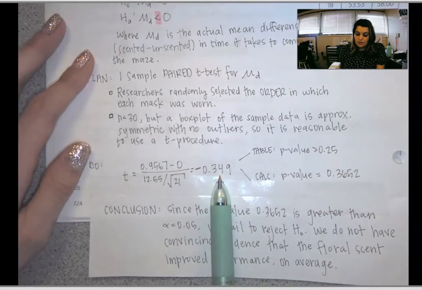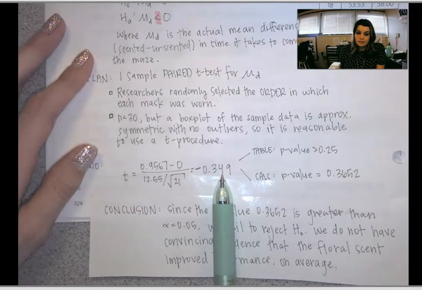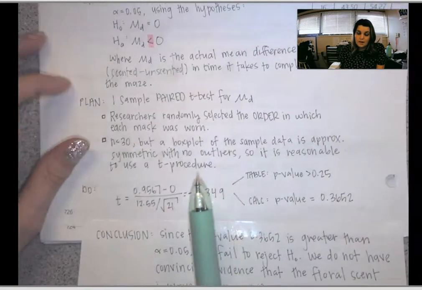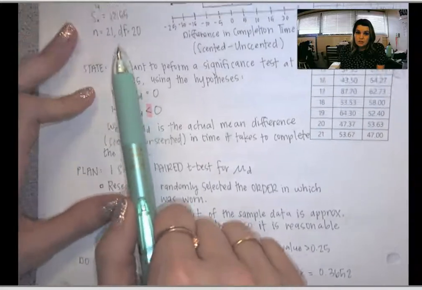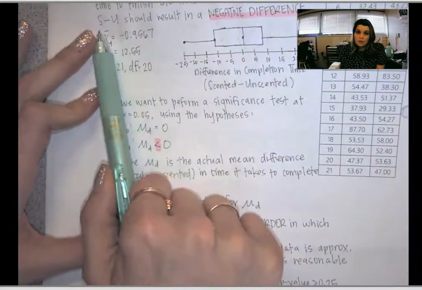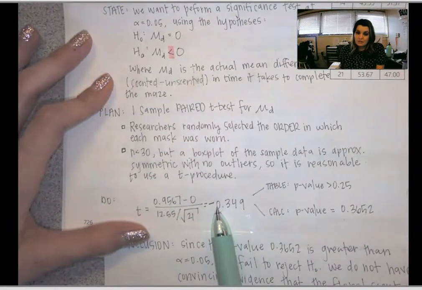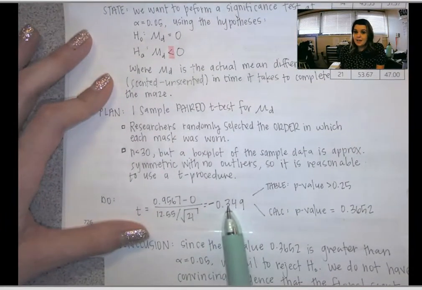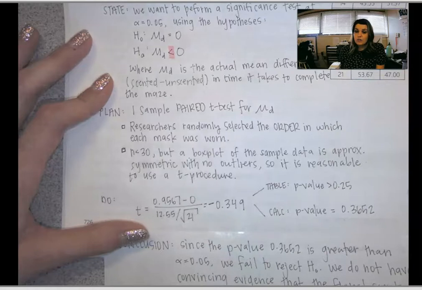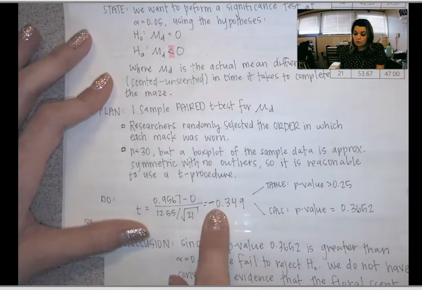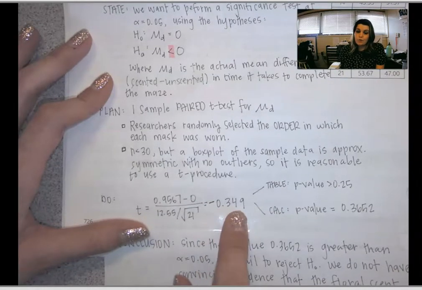This is the T critical that I get with my sample data. Now, if you used U minus S, your T critical is positive, not negative, and it's the same value. So if you did yours backward of mine, you should have positive 0.349 here.